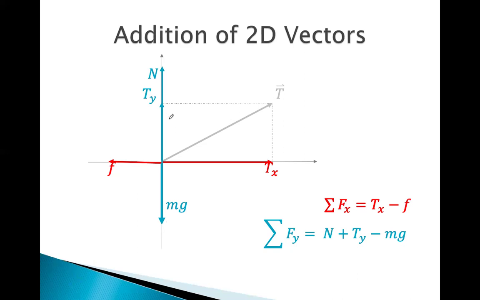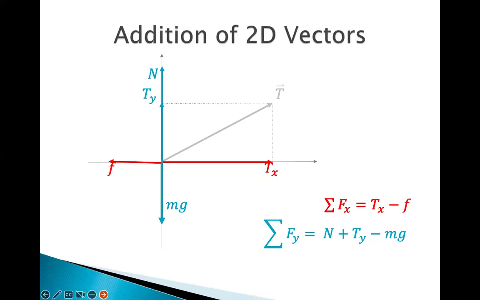Of the three forces, two are along the upward direction and one along the downward direction. You see the coordinate points upward, which means normal force N and tension T along the y direction are both positive because they are along the direction of the coordinate axis. But the weight, mg, is along the opposite side of the coordinate axis, so it's negative. So this is how we add up the components.